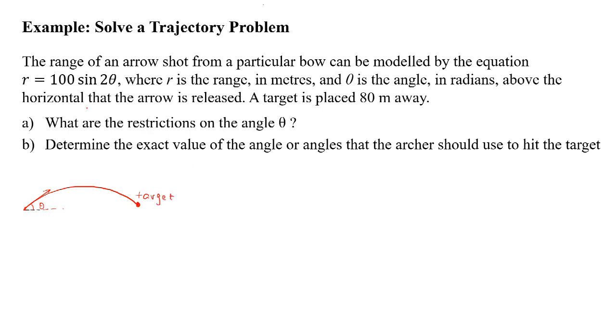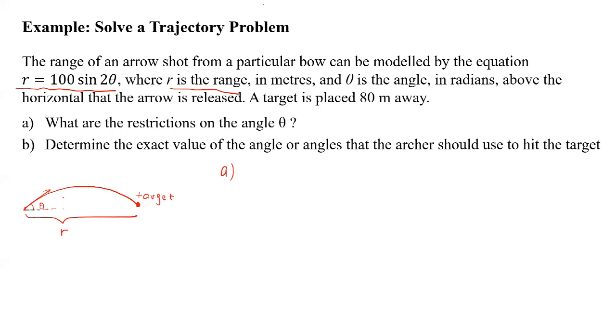Okay, so the function of the trajectory is given by r is 100 times sine 2 theta, and r is a range. So the distance is r here. And question A is asking what are the restrictions on the angle theta. So apparently the maximum value theta can be is half pi, right?